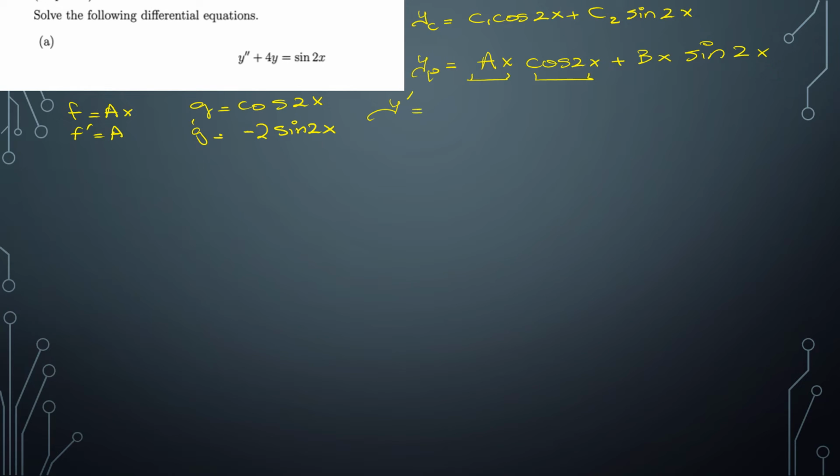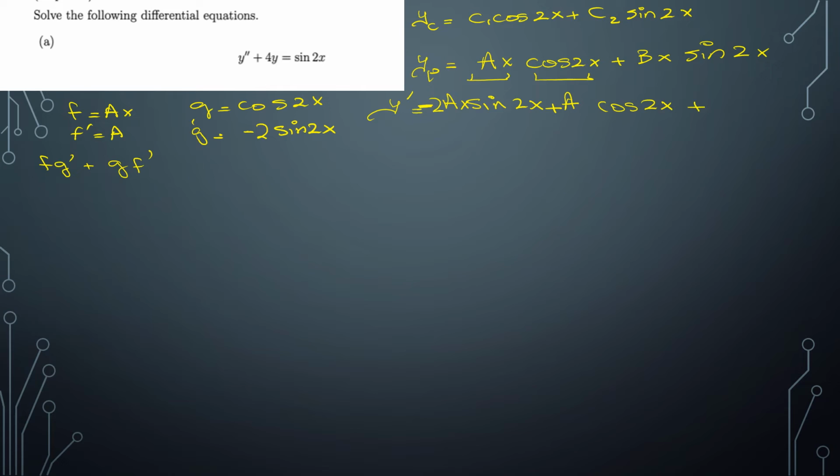So here we will apply the product rule, that is f g prime plus g f prime. So write down f, that is ax, g prime, it is negative 2 sine 2x, plus g, that is cosine 2x, and f prime is only a.